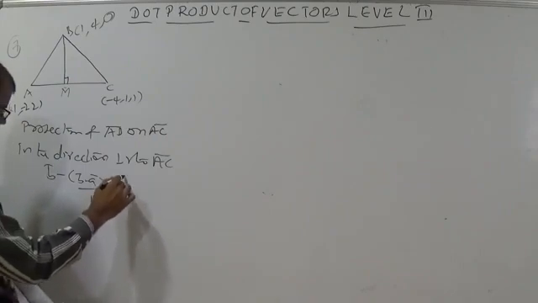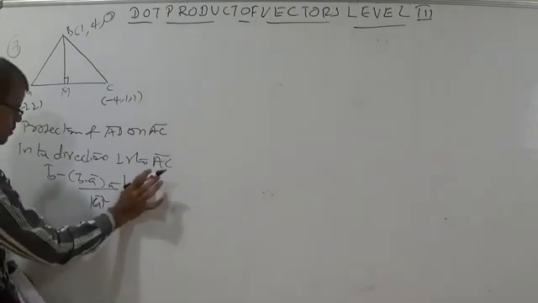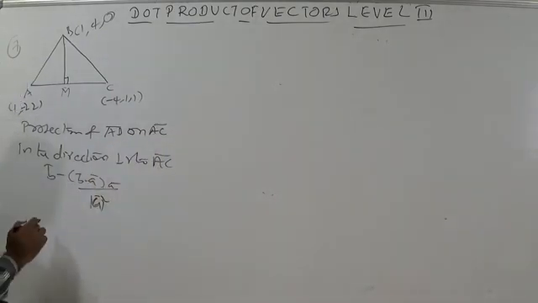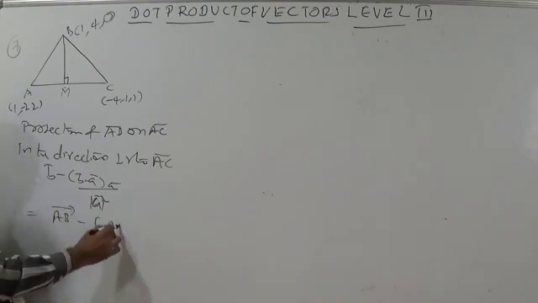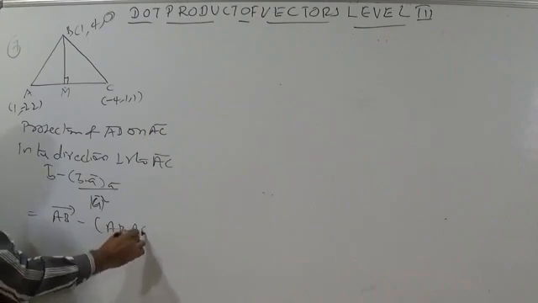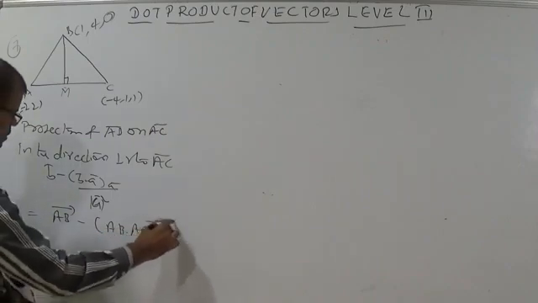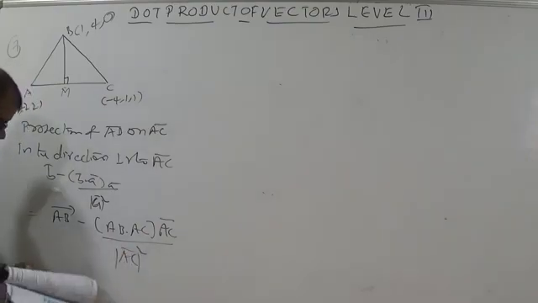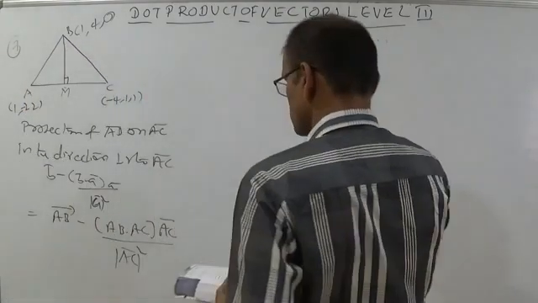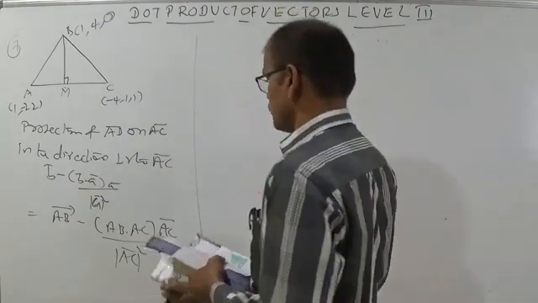If he asks for magnitude you put mod, otherwise no need. So B bar here is AB, and A bar is AC: AB minus (AB dot AC) times AC by modulus of AC squared.